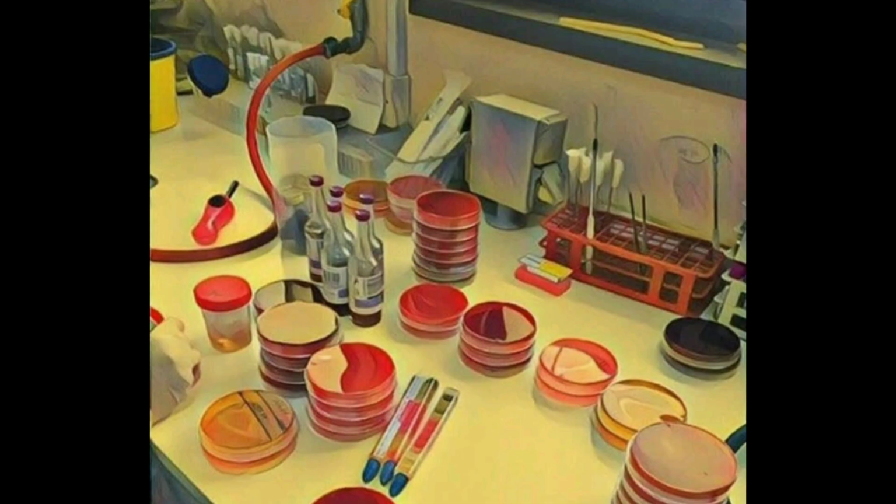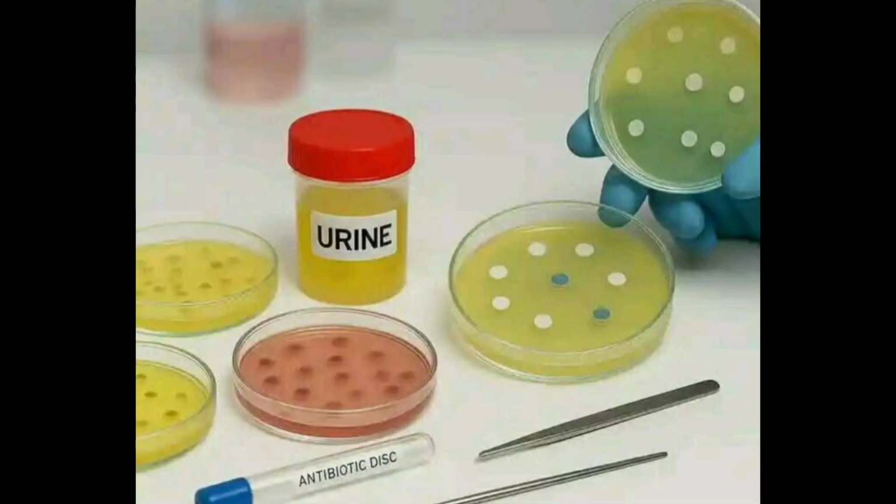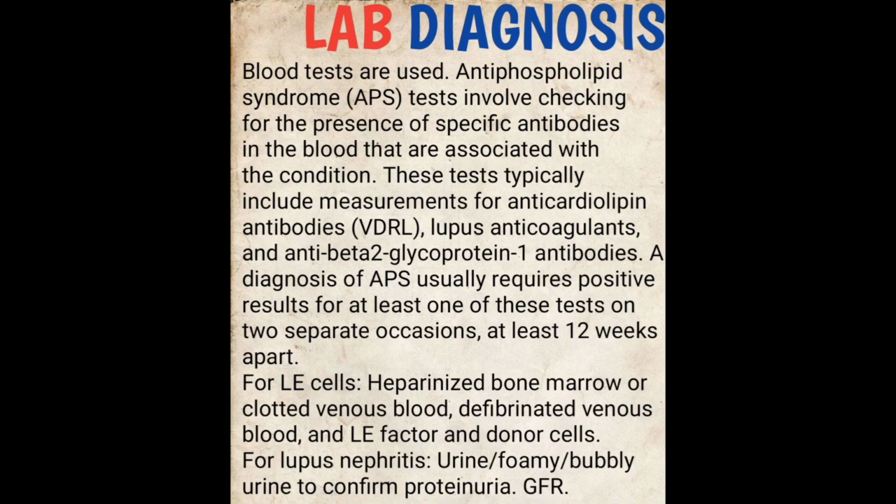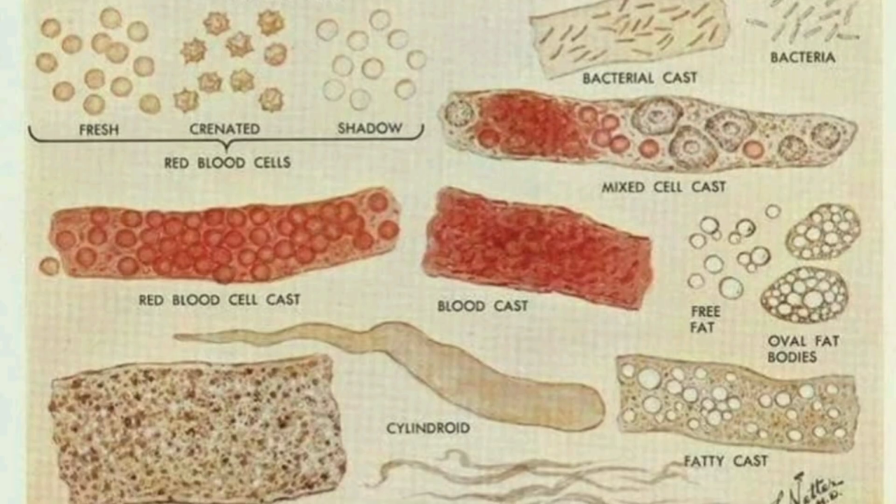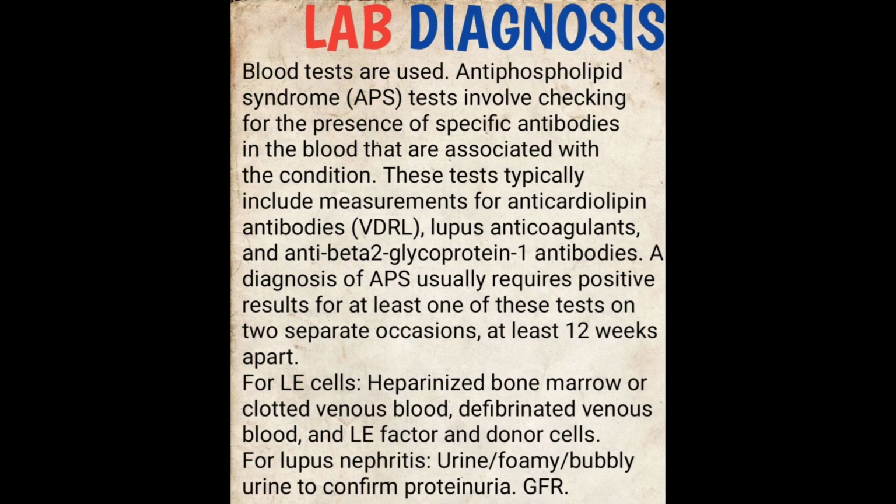Then when we really want to talk about lupus nephritis, there are samples usually collected. It's also blood, urine, and you want to do a biopsy. The urine especially, you look out for the appearance of the urine, whether it's foamy. Then the protein, you also look out for blood in the urine, because it presents with proteinuria and hematuria.